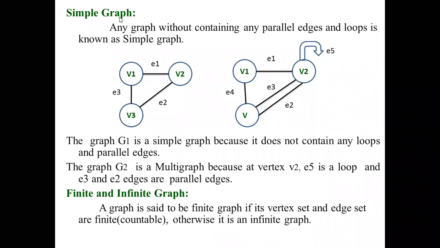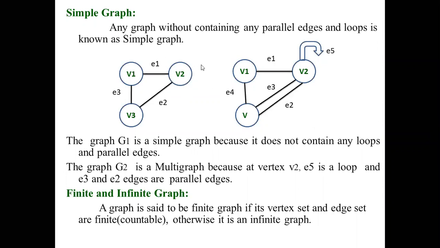Simple graph. Any graph without any parallel edges and loops is known as a simple graph. Parallel edges means more than one edge associated with a pair of vertices, and a loop is an edge from a vertex to itself.